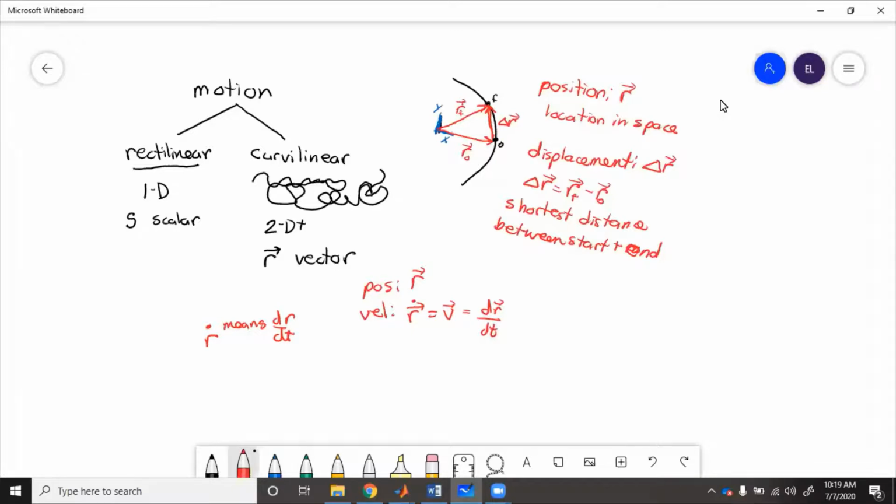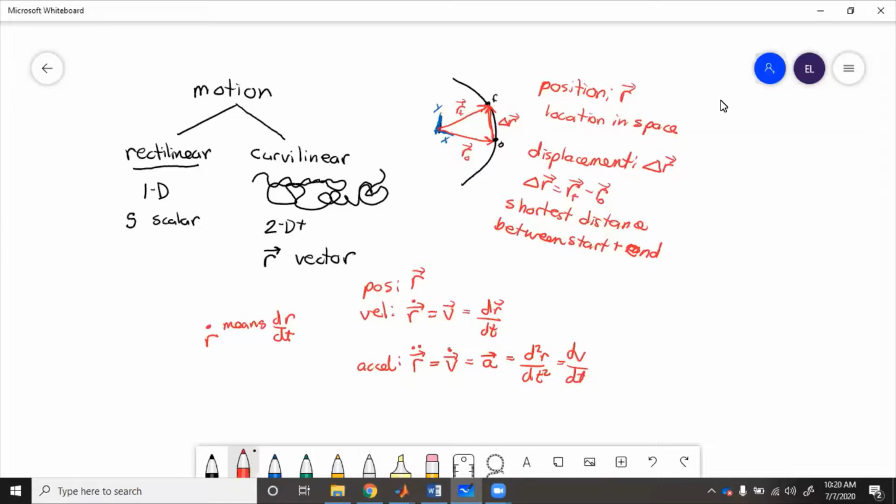So we remember this from last class, but we can also write it just with the little dot. And then acceleration, r double dot, because it's the second time derivative. So that equals v dot equals a. So the double dot would be d squared r over dt squared, and the single dot is dv/dt.